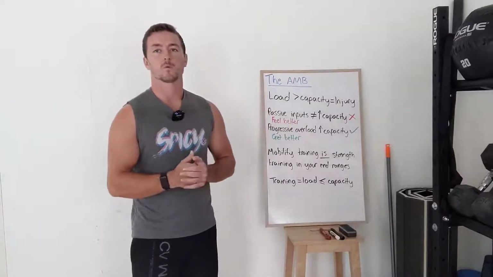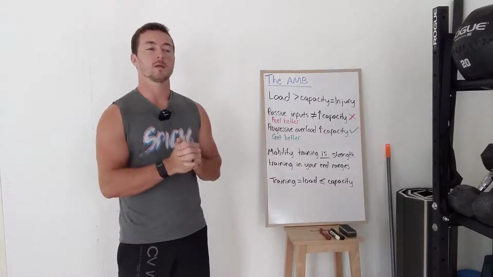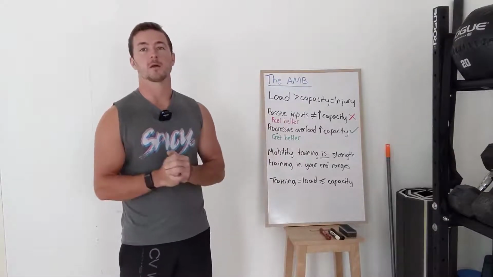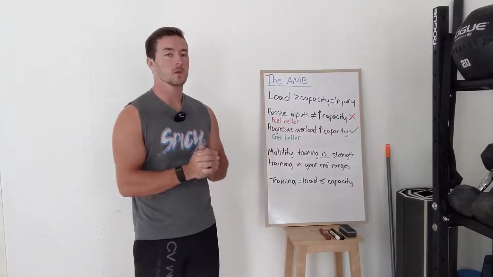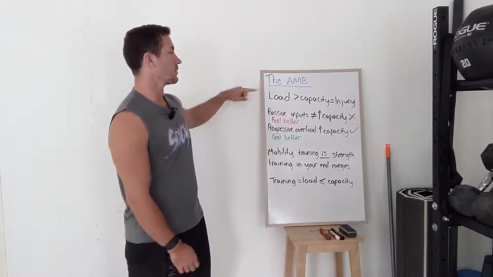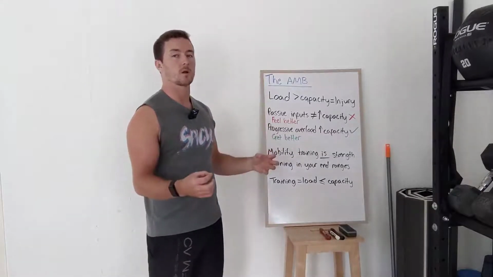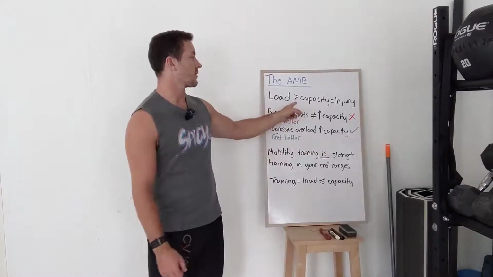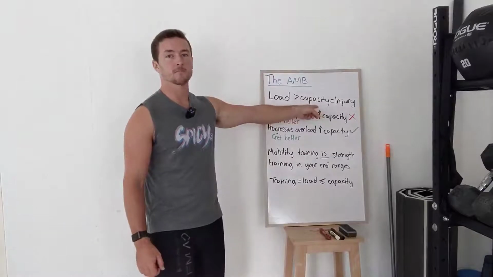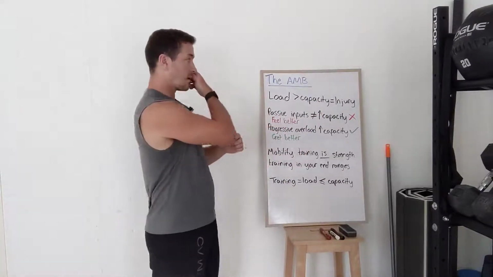So in this video, we're going to talk about injuries and how mobility is strength training just in your end ranges. All right, so how do we get injured? Injuries happen when load, so forces acting upon our joints, is greater than capacity, so our joint's ability to resist this force.